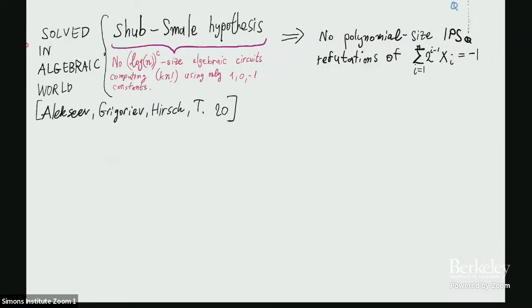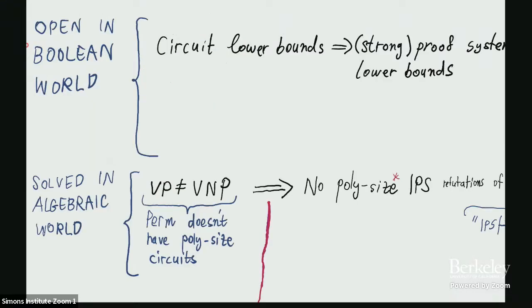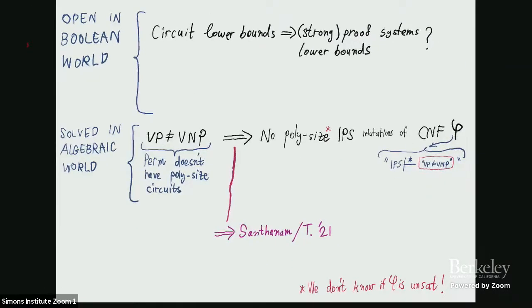So let's go for the next one. Open problem in the Boolean world: circuit lower bound implies some strong proof system lower bound. So actually we know this in some sense. There's also a caveat here. VP is unequal to VNP, which is a computational lower bound saying that the permanent polynomial doesn't have polynomial size circuits, here over finite fields.